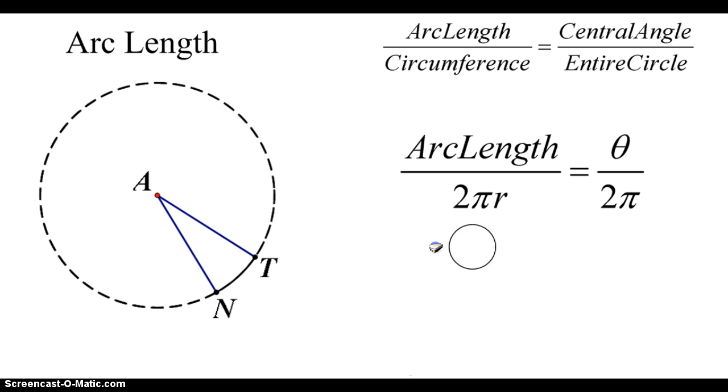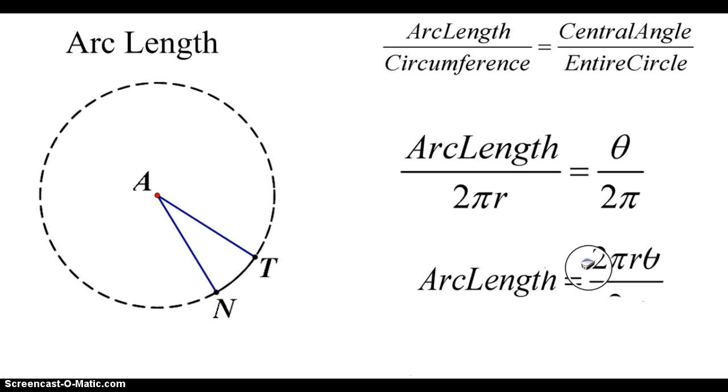So if I were to solve for arc length, I would need to multiply both sides by 2 pi r. So my 2 pi r ends up in my numerator with my theta. And then you can see I can cancel out my 2's and I can cancel out my pi's.